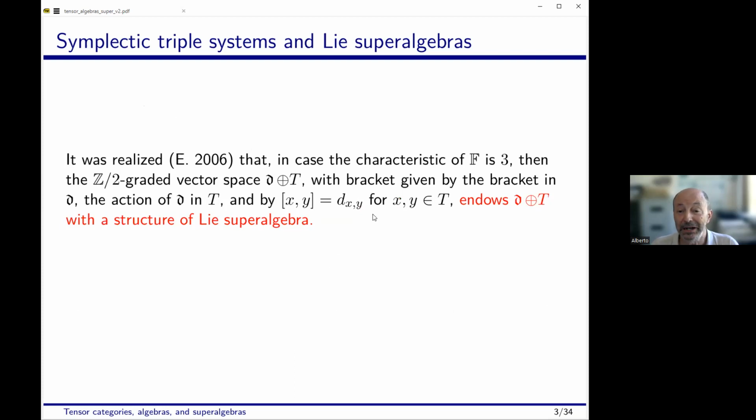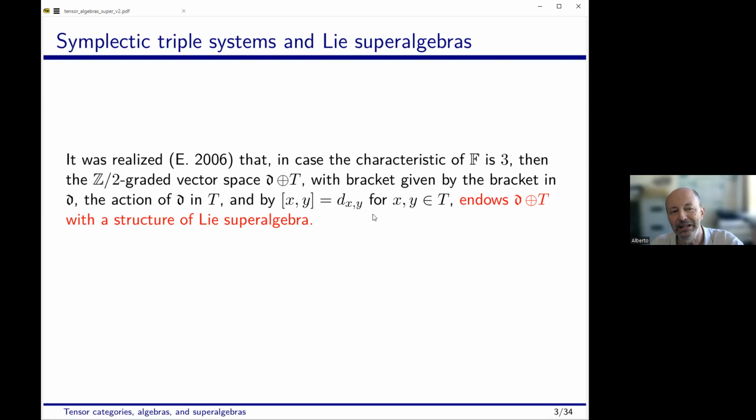In this way, a whole new family of simple Lie superalgebras were discovered in characteristic 3. And essentially, many of the exceptional cases in characteristic 3 appear with this construction. So that was funny in a way and interesting, but restricted to characteristic 3.